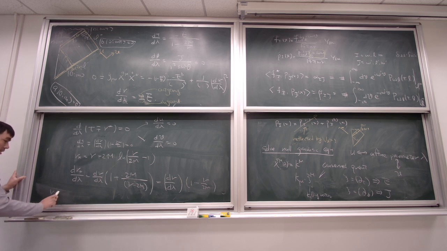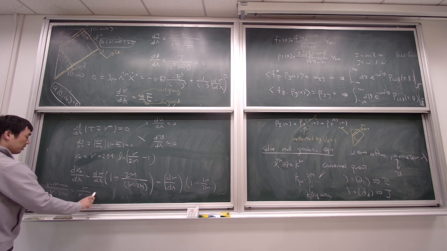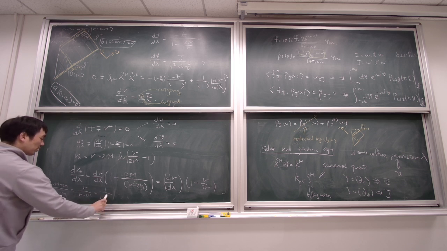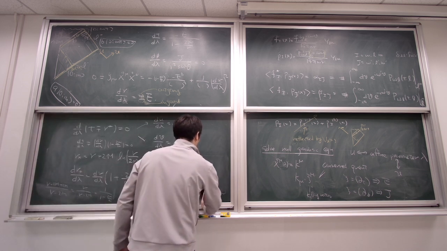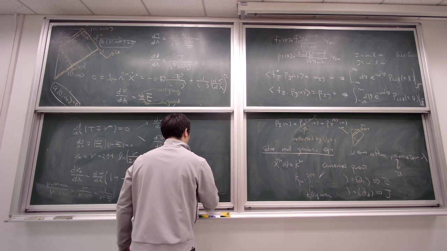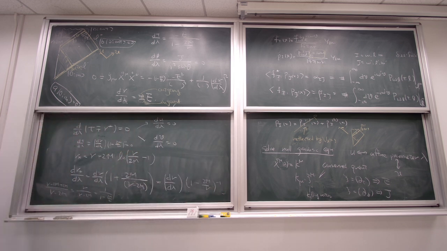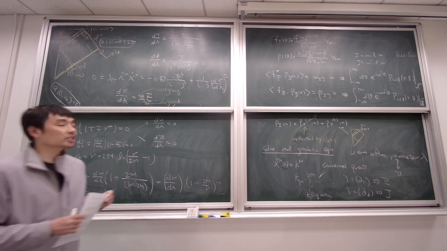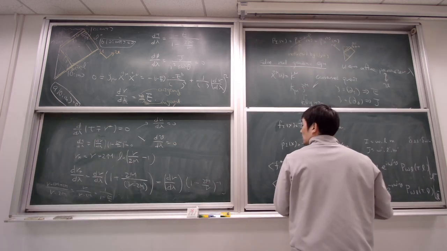R minus 2m plus 2m is equal to r over r minus 2m. This is equal to 1 over 1 minus 2m over r. Thank you very much. Inverse. Okay, inverse. So therefore it's okay. Okay, fine. Thank you very much. Okay.